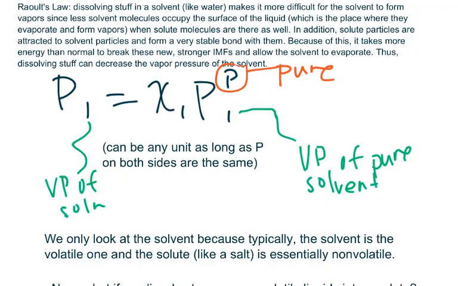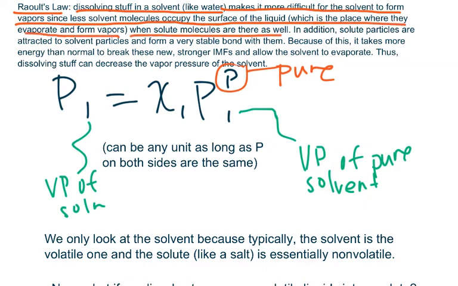So let's talk about our very first colligative property. It is known as Raoult's Law, and this law states that dissolving stuff in a solvent, like water, makes it more difficult for the solvent to form vapors, since less solvent molecules occupy the surface of the liquid, which is the place where they evaporate and form vapors, when solute molecules are there as well.